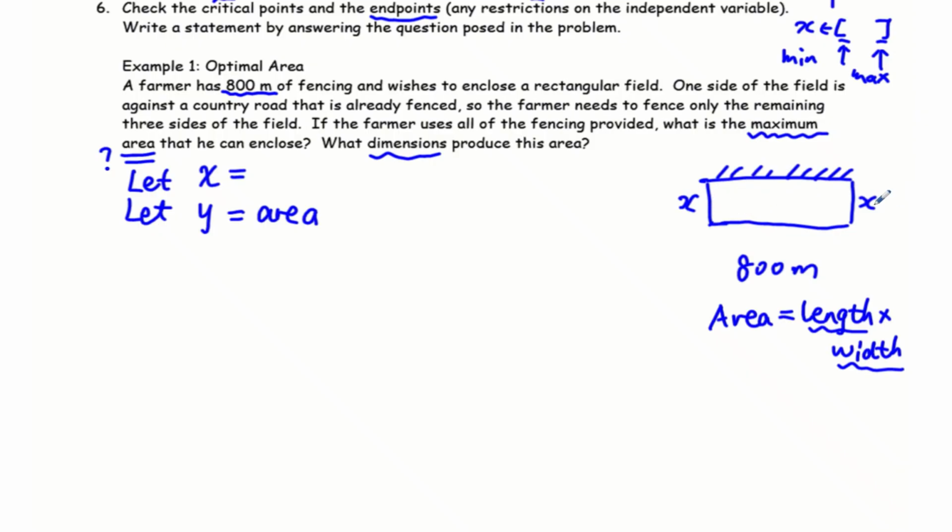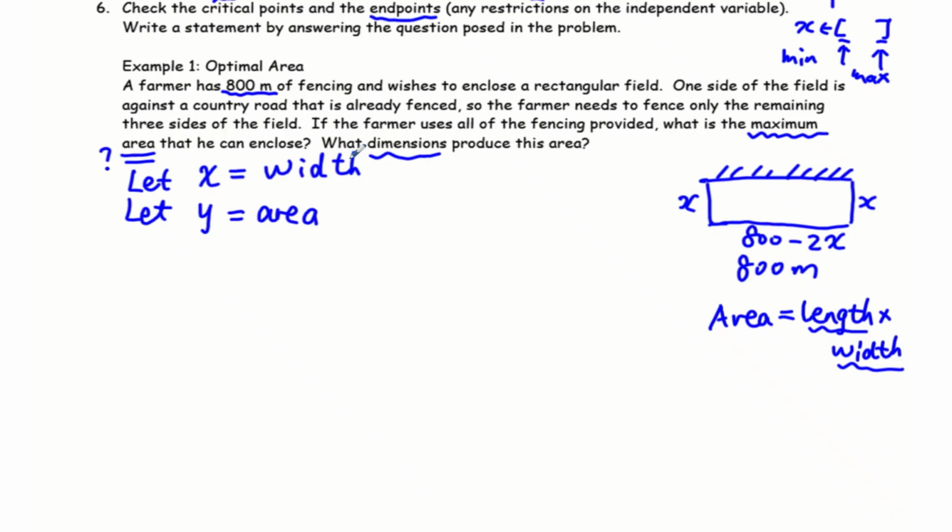So put x here. Then the total is 800 altogether. We put x at both sides, so whatever is left, the length is 800 minus 2x. So altogether you add and it gives you 800. So now we are going to let x equal the width.